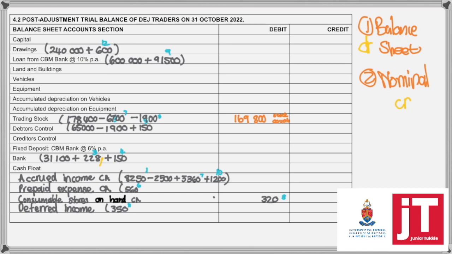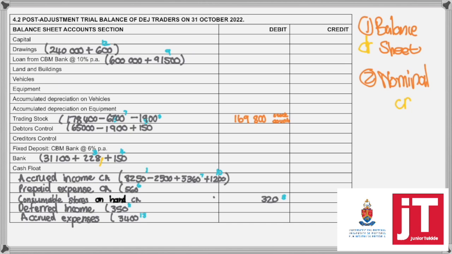And then number 13 was water and electricity, which is not yet paid, so an accrued expense. So we credit accrued expenses, 3,400 Rand here in the balance sheet section, and we debit water and electricity.